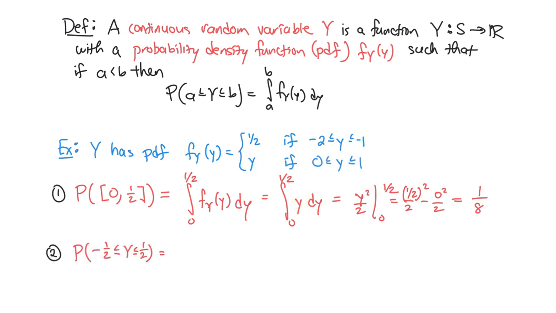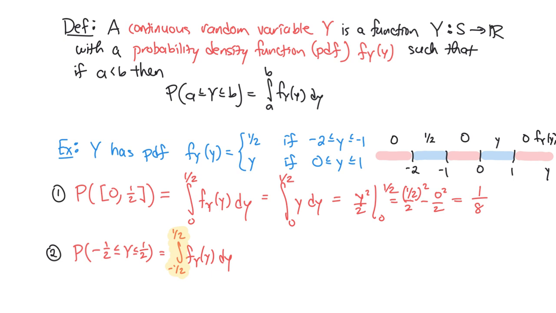Now turn to a more complex example, which on the surface is not really any different. The probability that you pick a value between -1/2 and 1/2. I've chosen to write it in the same notation that was given at the top, with a less than or equal to y less than or equal to b, but it could also have been written in that closed interval notation.